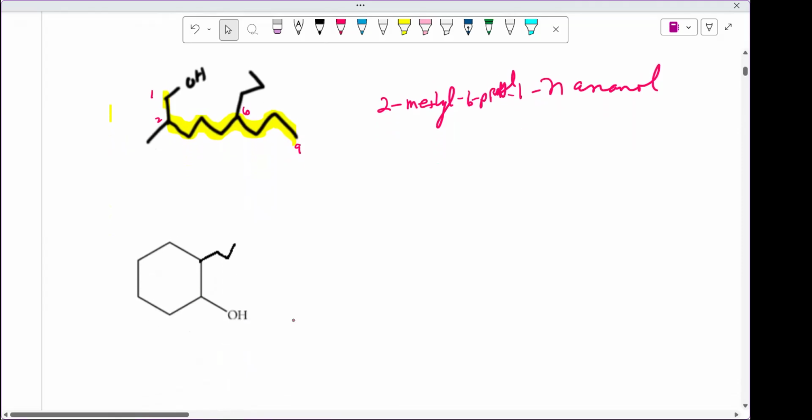Now here we have a 6-membered ring, but it is not benzene based or aromatic because there's no circle in the middle.